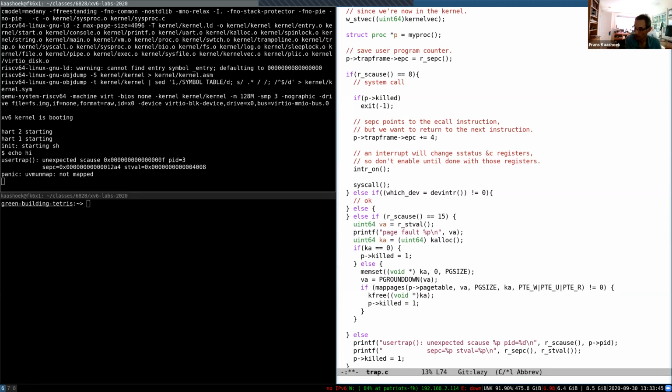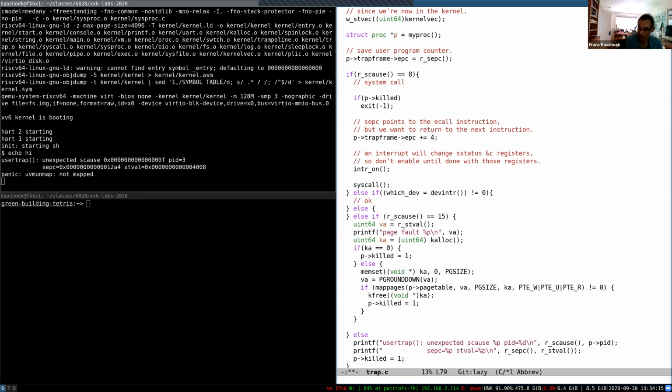And basically, in this handler, I'm going to allocate a physical page. If there's no physical page, meaning we're out of memory, we're going to kill the process for now. If there is a physical page, we'll zero the page. And then we just map the page at the appropriate address in the address space of the user. In particular, we map it on the rounded down virtual address, right?